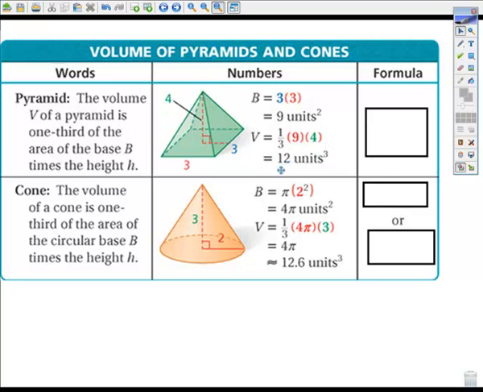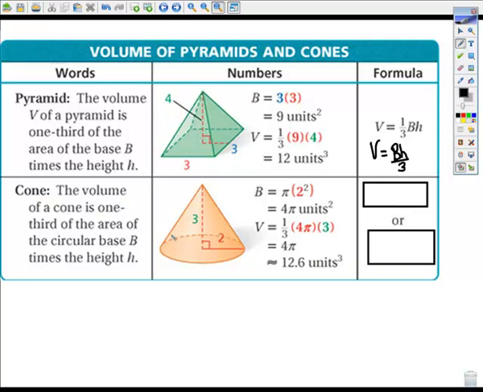So this turns into 12 units cubed. So fill this in. The volume is 1/3 BH, or a lot of times I write it as BH over 3, because when you take 1/3 of something, you're really just dividing it by 3. So write this formula in as well.